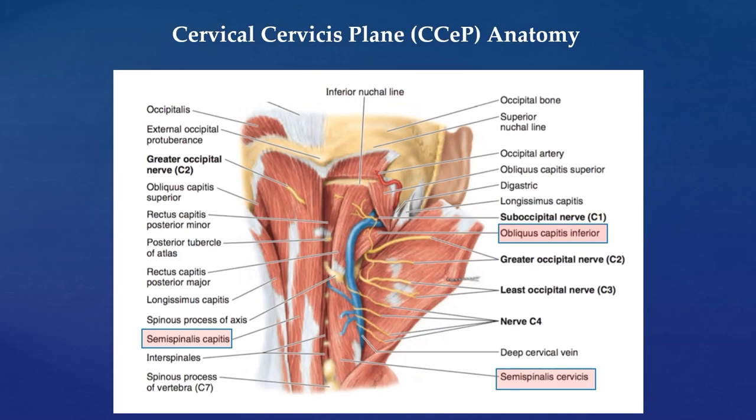This is a continuous plane that extends from the occiput to the C7 level. The dorsal rami of the cervical spinal nerves run through that plane and provide branches that innervate the posterior cervical muscles and the skin. The deep cervical vein and artery are in this fascial plane as well.